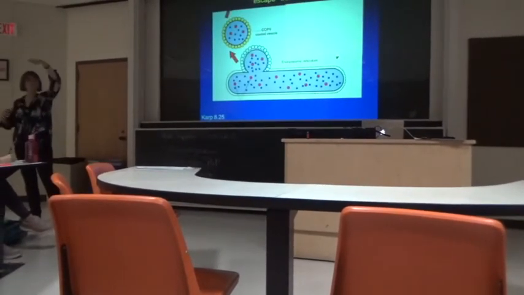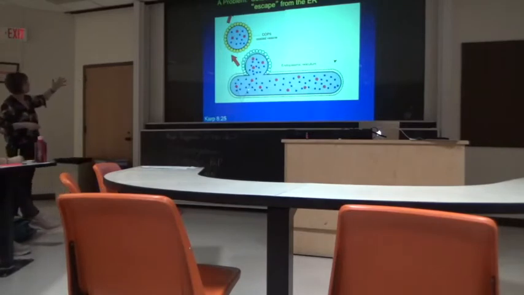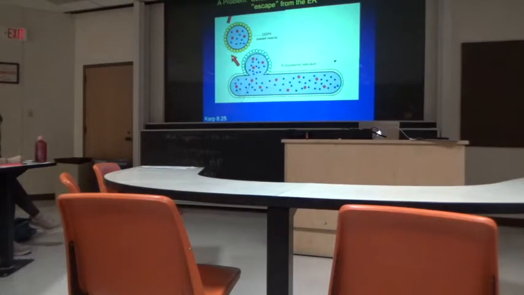So again, all the proteins that are going to be on the outside world are heavily folded, heavily have disulfide bonds. And with some frequency, those are captured in COPII coated vesicles. I don't know why this illustration has the COPII coated vesicle as yellow. These are both supposed to be COPII coats.